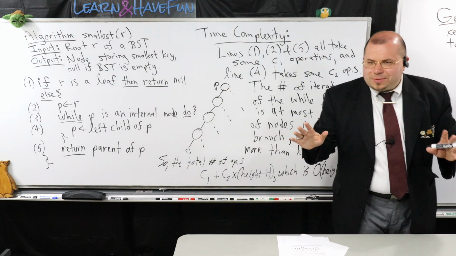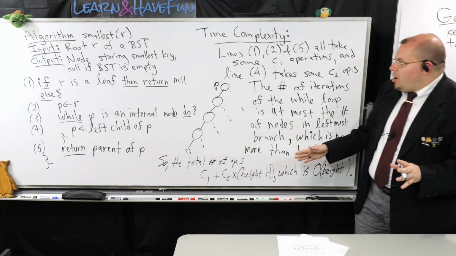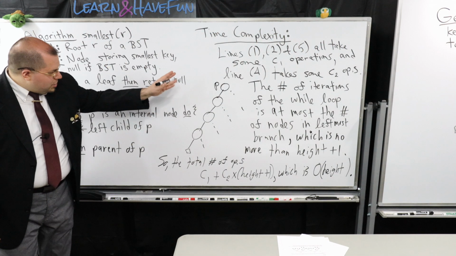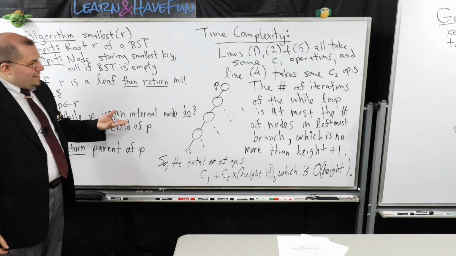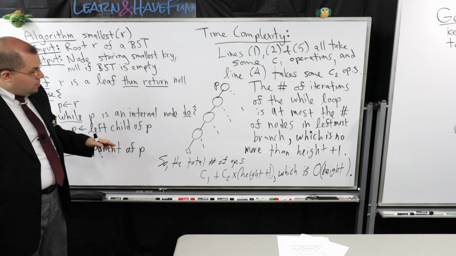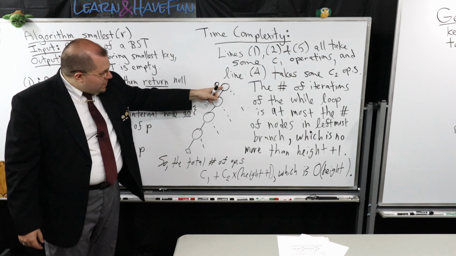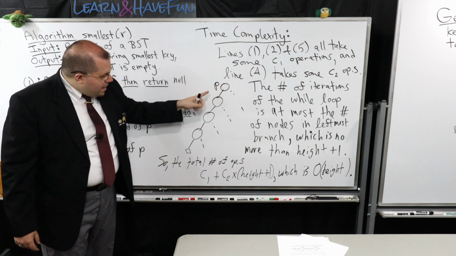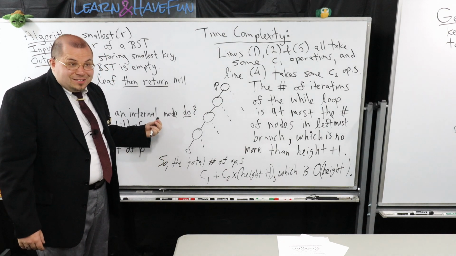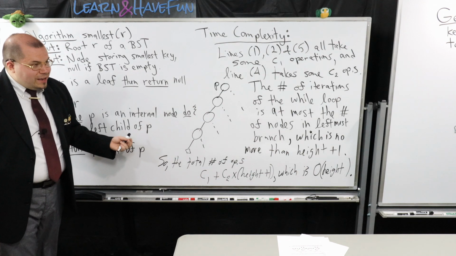So do all the steps of this make sense to everybody? All I'm doing is bounding the number of iterations in terms of the leftmost branch, which in this case is no more than the height plus 1. In fact, this is true if I were to go from, say, the root to any one of the deepest nodes in this tree, which will be a leaf node.